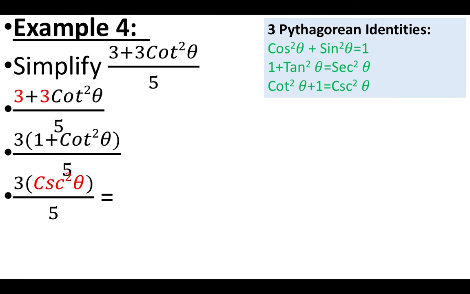Alright, after that, I don't see any other way I could simplify this further. So what I'm going to do is drop my parentheses and have my answer. So as you can see, we are simplifying because this larger expression did condense into a smaller one. So that is it. That was our notes, page 12.